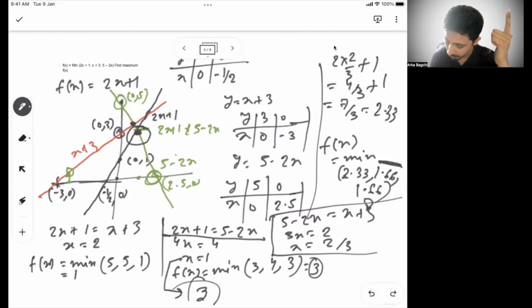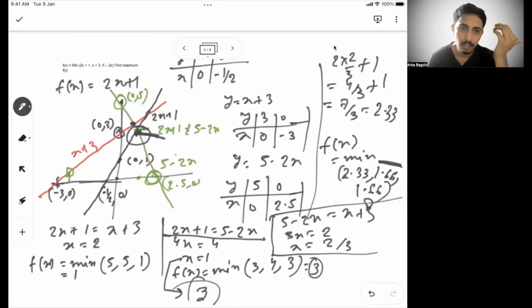But if you see this junction typically, let me just show you this. Then you see the green and the black line cut at this junction. Even for this junction, this is the minimum, and the line that is not intersecting the red is above this, which means it will be more.